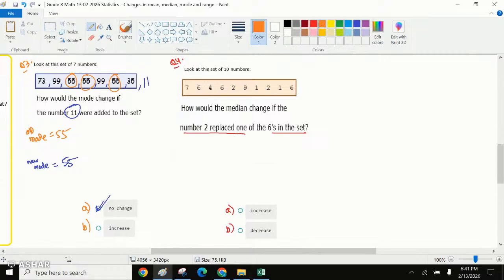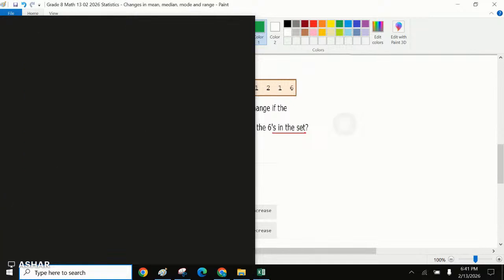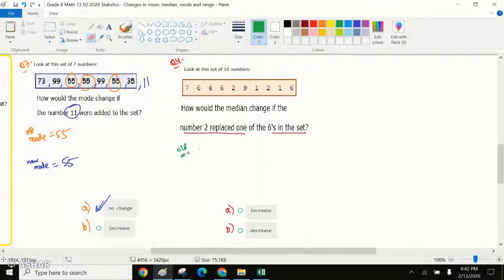The old median, what was the older median? We arrange them in ascending order. The smallest number was 1. There are 2 ones, there were 2 twos. Agreed?